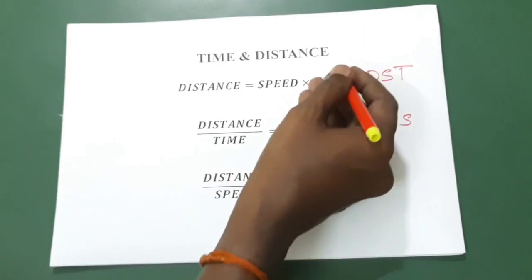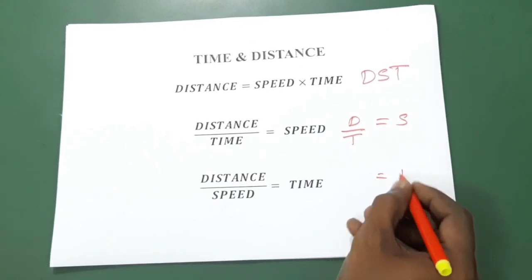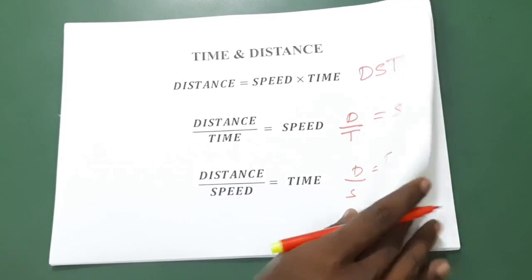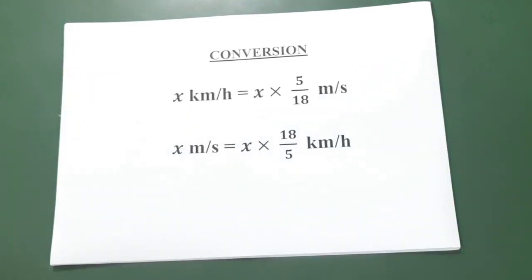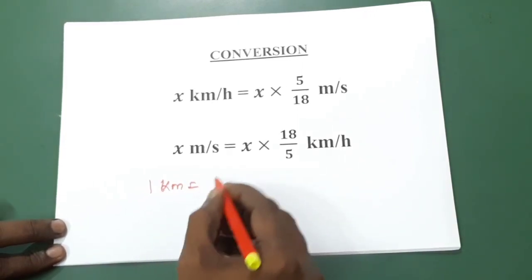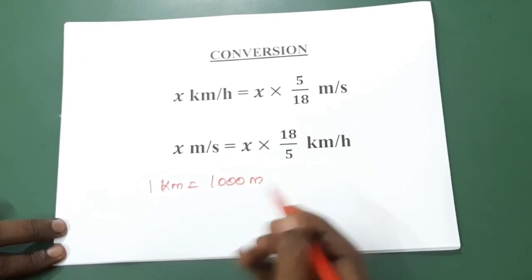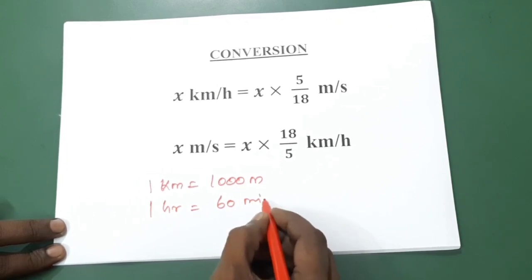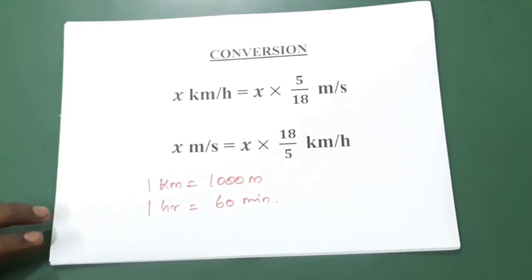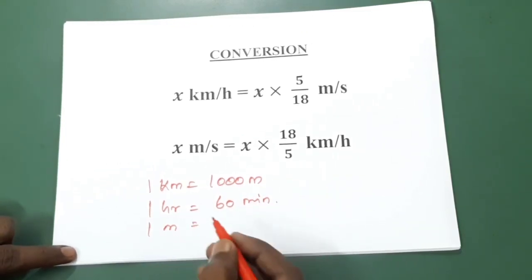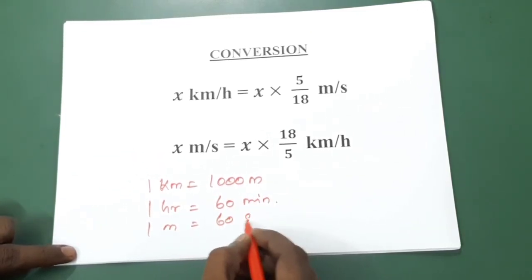So you bring the time down to the denominator. Then if you want to find time, it is distance by speed. Here we are using the conversion, which we all know: 1 kilometer is equal to 1000 meters, 1 hour is equal to 60 minutes, and 1 minute is equal to 60 seconds.